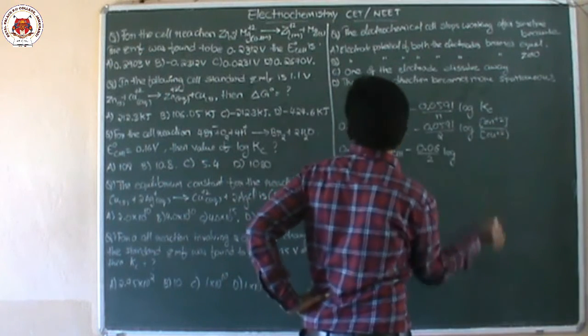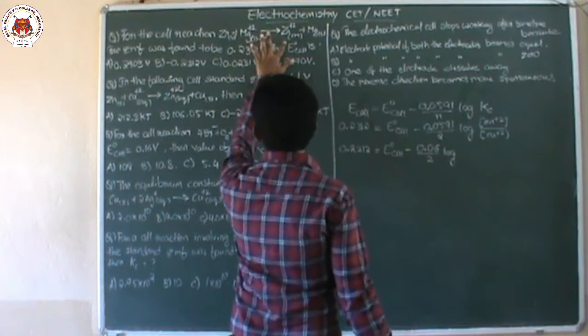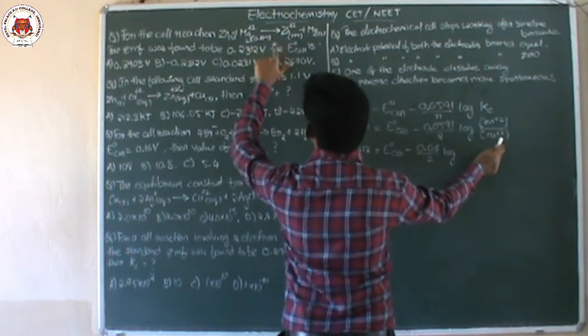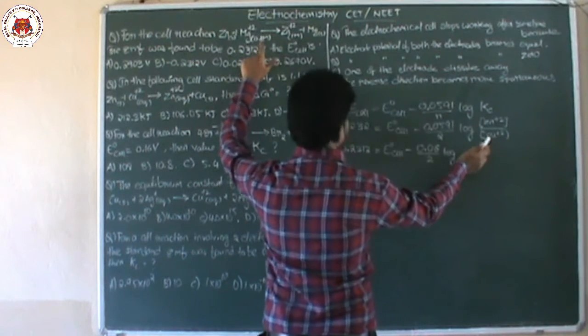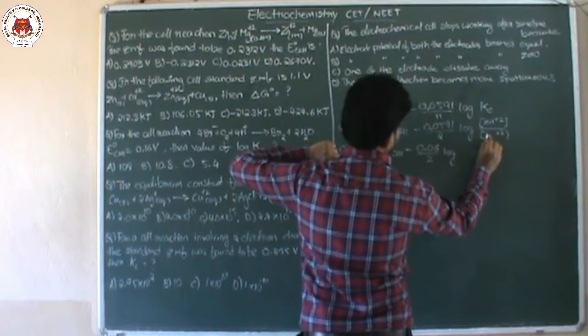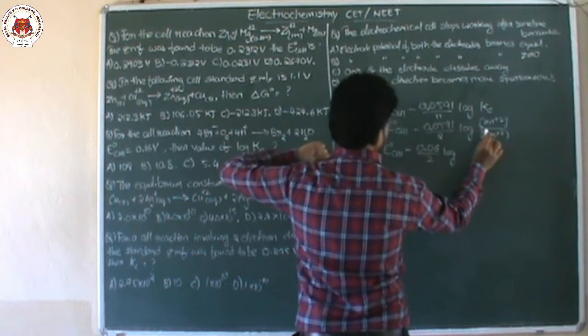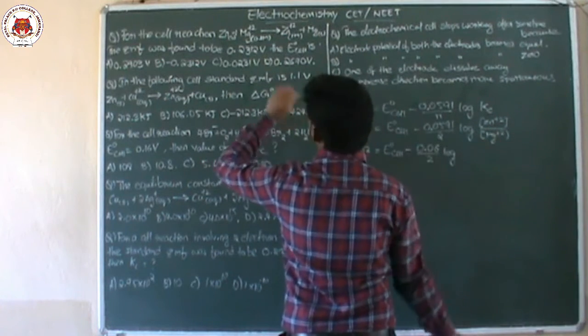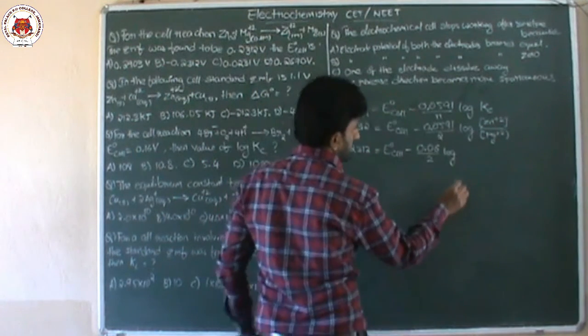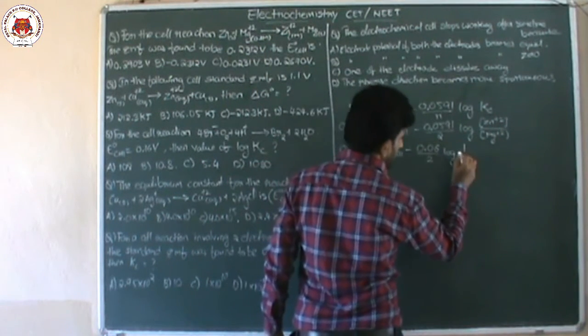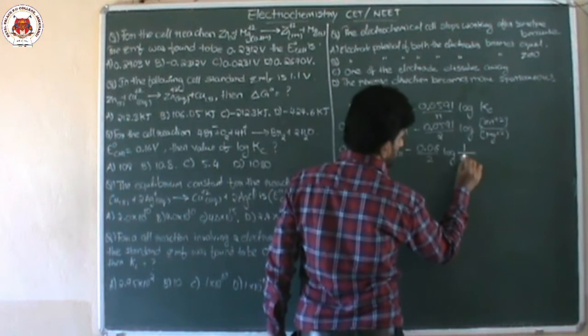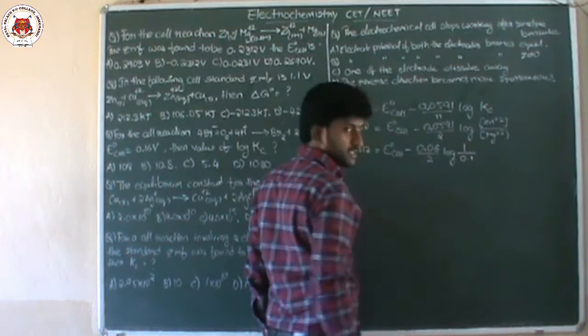Now what is the zinc concentration given? It is 1 molar. Magnesium plus 2 concentration is given as 0.1. That means log 1 by 0.1.